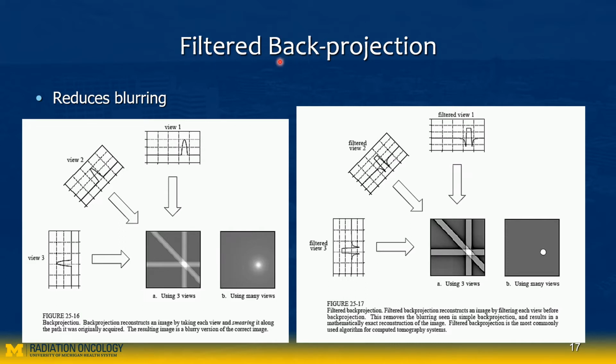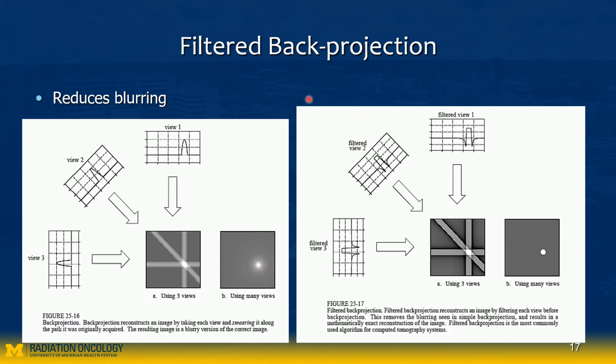Before, it was just simple back projection, which has some inherent blurring. In this view 1, 2, 3, when you have an object, you end up detecting something like this. So the signal is something like this, and if you reconstruct from these 3 projections, you end up with the object as a somewhat blurred image.